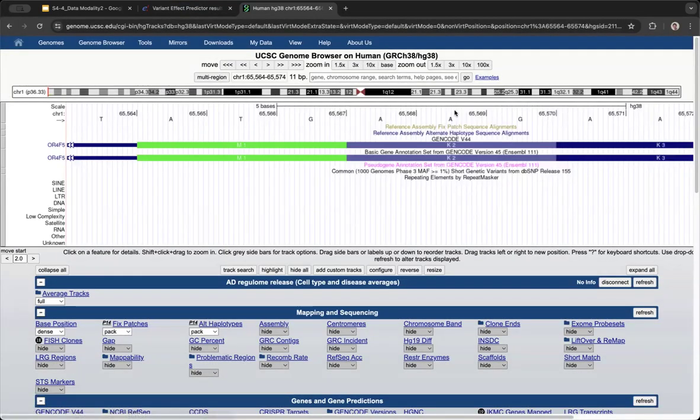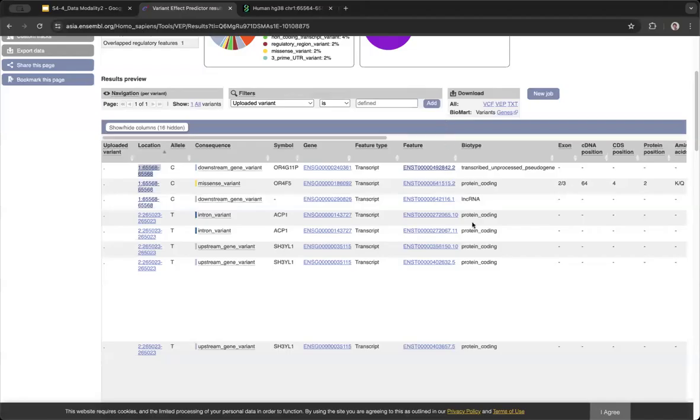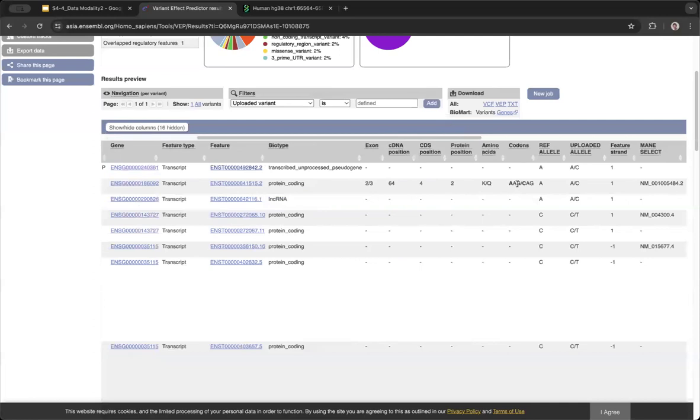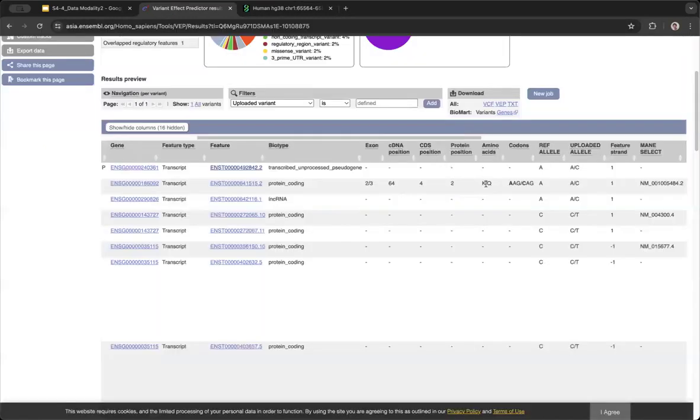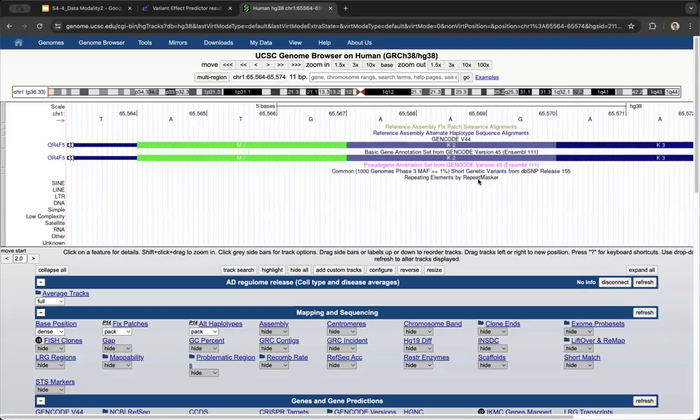Okay, so the position on here: AAG is changed to CAG, is that right? A is here. AAG is changed to CAG. So this lysine changed to Q, glutamine, right? And there are many things we can think of.